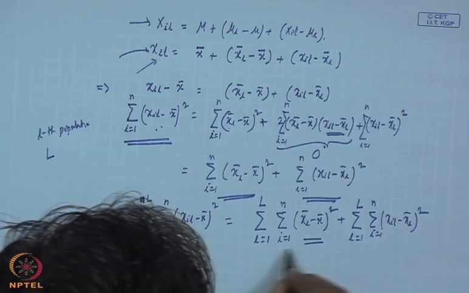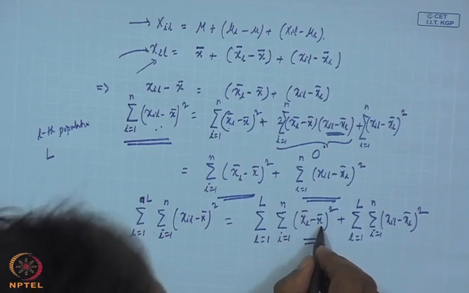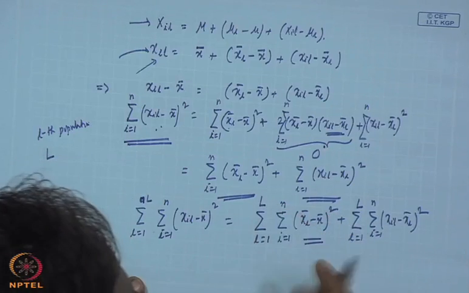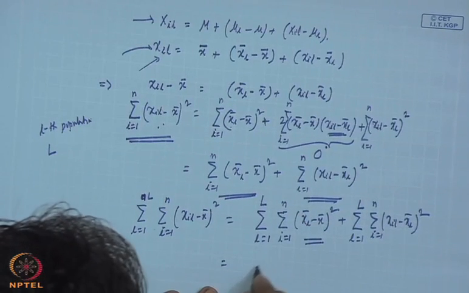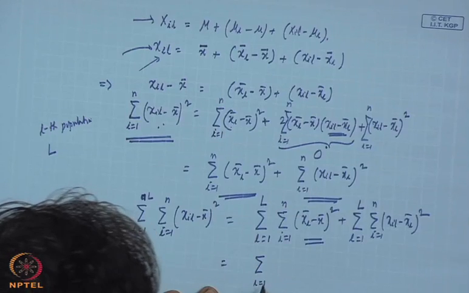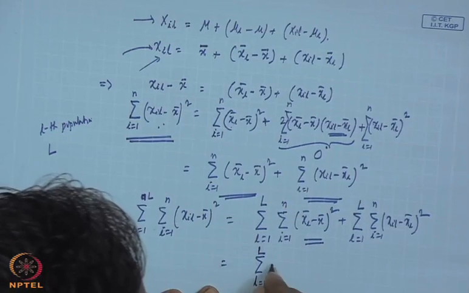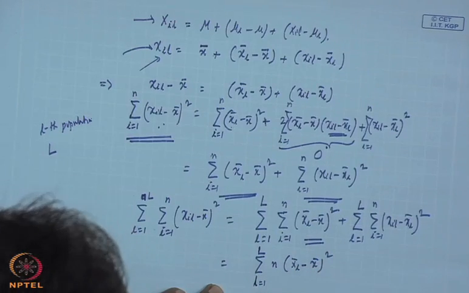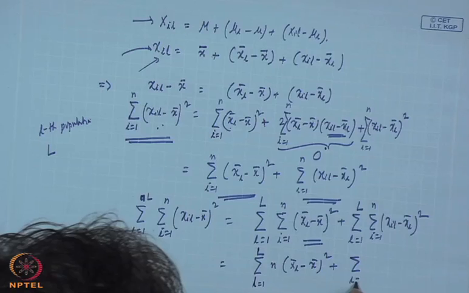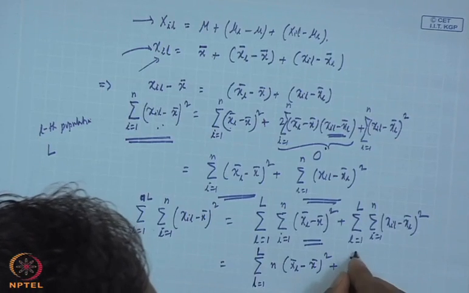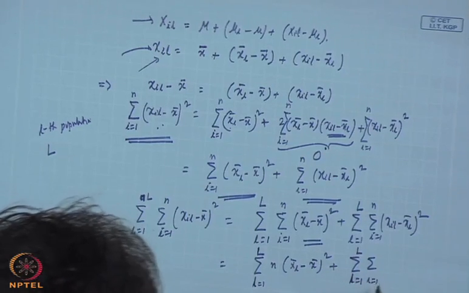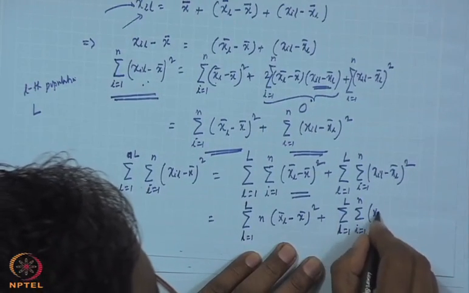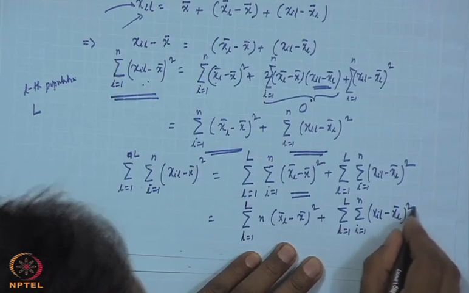Now, in this case, in x_L bar minus x bar, there is no i component. So, that means the same component for n times. So, you can write like this: the sum over L equal to 1 to capital L, n times (x_L bar minus x bar) squared, plus the sum total over L equal to 1 to capital L, i equal to 1 to n, (x_iL minus x_L bar) squared.